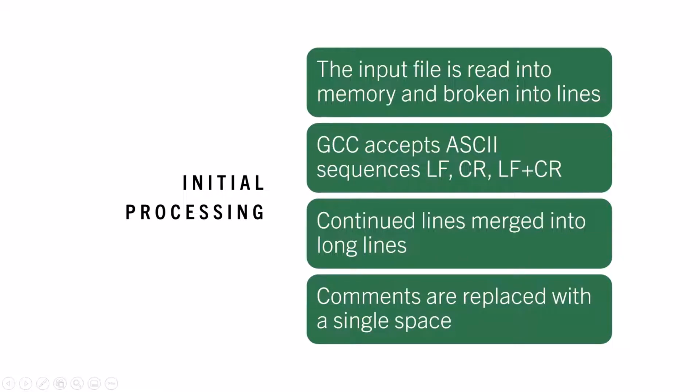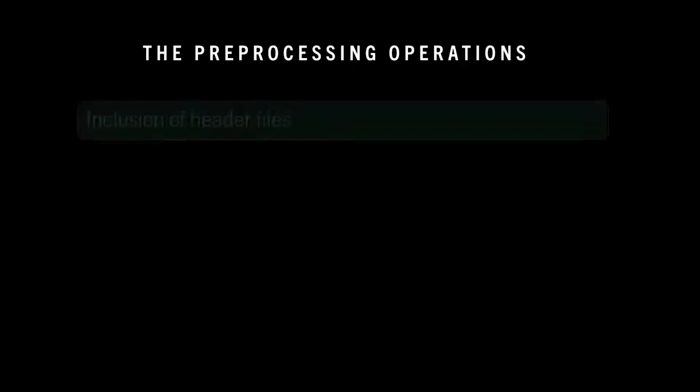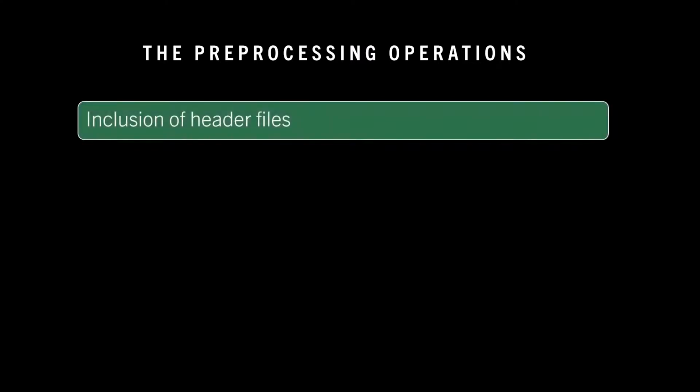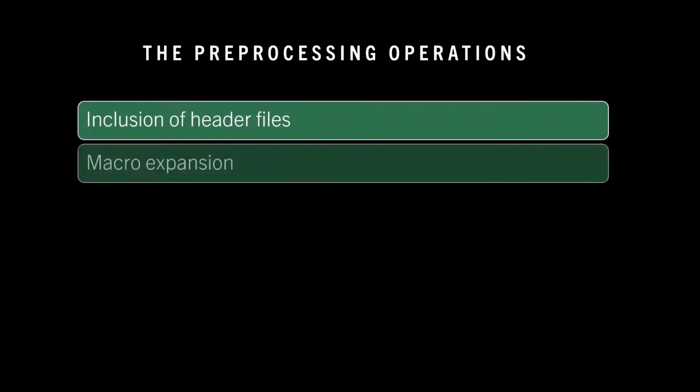So now moving on. Comments are replaced with spaces. Coming now to the preprocessing operations, these would involve inclusion of header files. We've already seen this. Macro expansion. What are macros? Simply put, they're constants. We know constants have values associated with them.